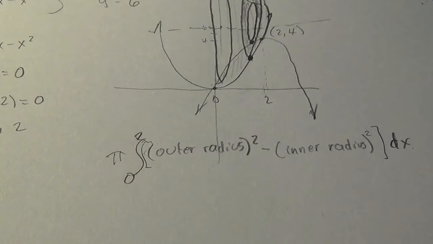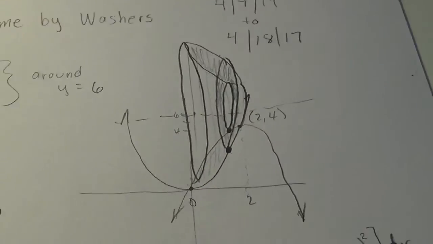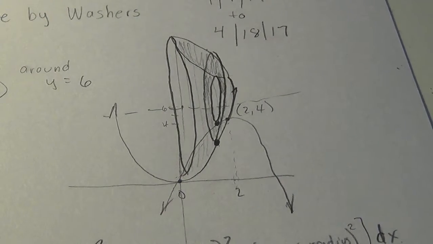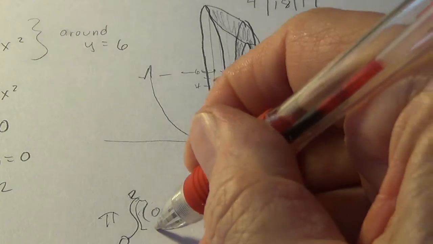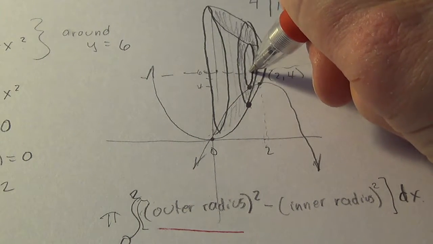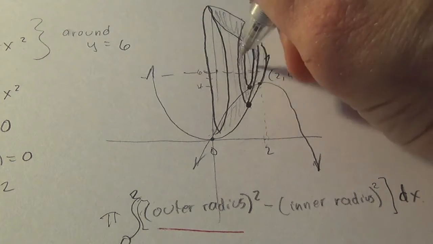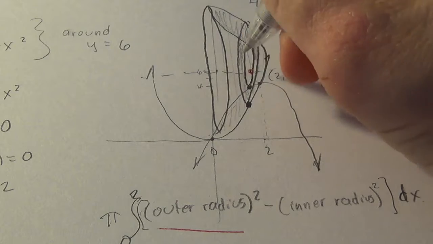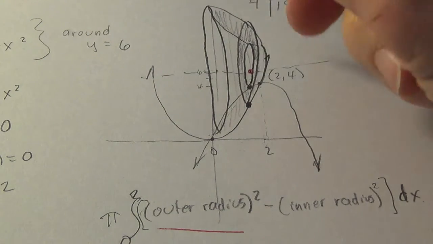Now I'm going to indicate in red the outer radius. I have a choice of drawing the radius up or down, but I'm going to go down where my function is instead of that reflection up there.